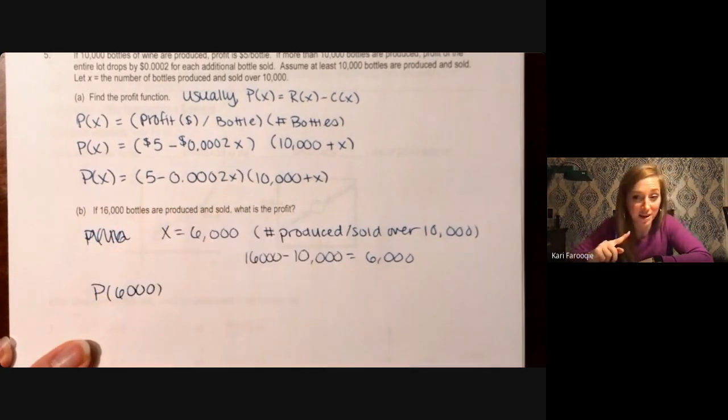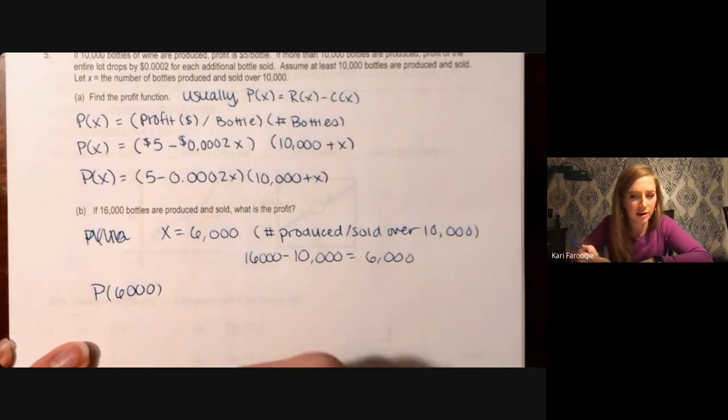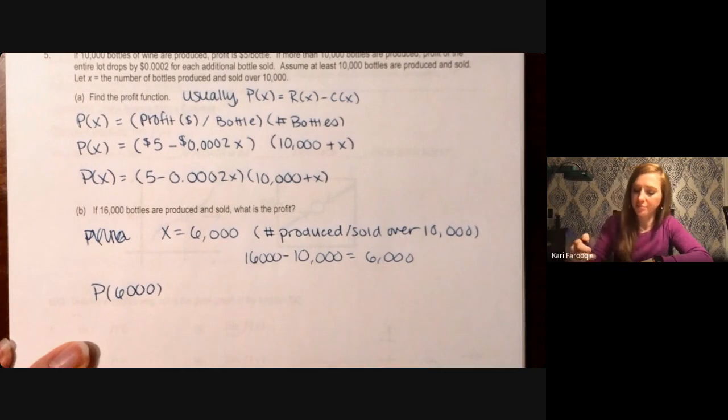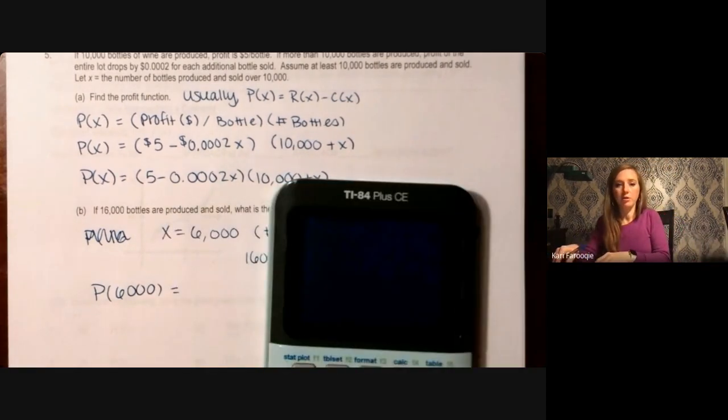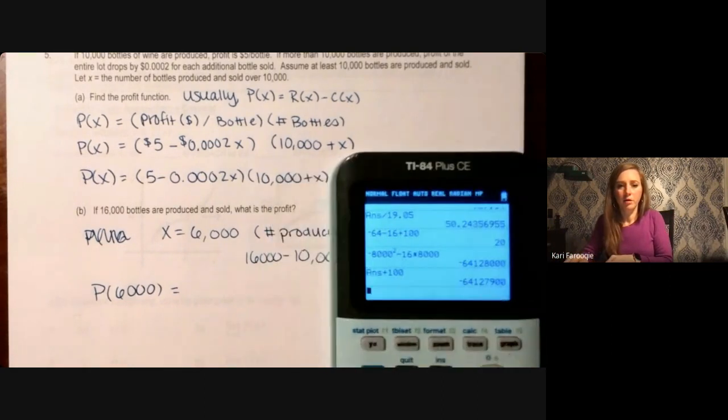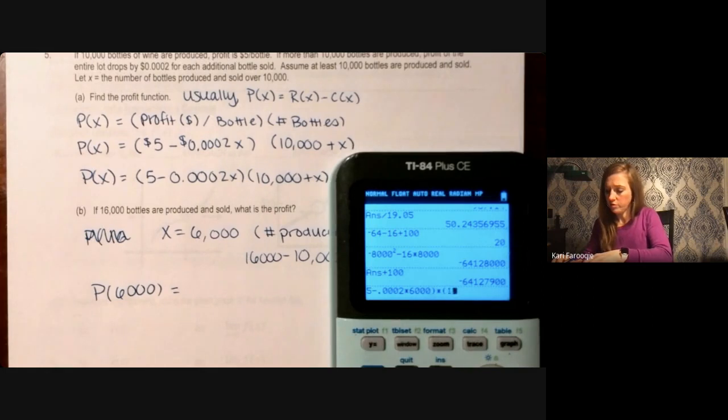See, that one almost got me. It can be tricky trying to figure out exactly what variable we are looking at and exactly what it represents. All right, so P of 6,000, I'm going to put this into my calculator. Let's see, 5 minus 0.0002 times 6,000 times 10,000 plus 6,000.